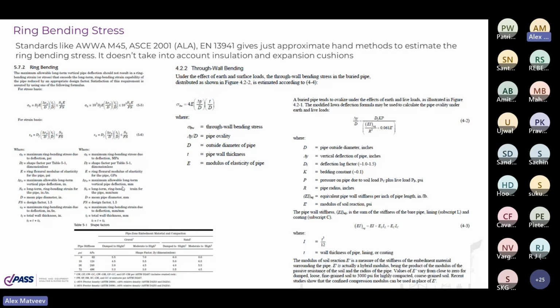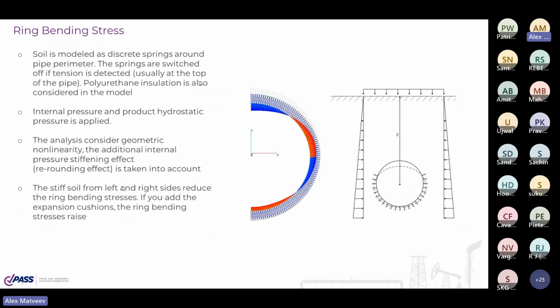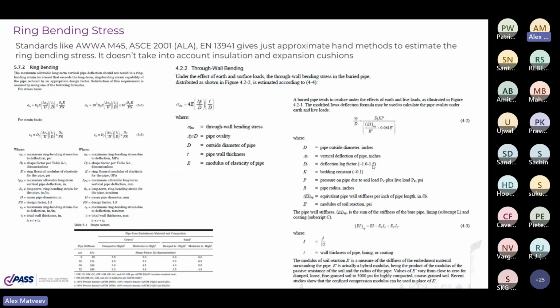It doesn't take into account the nonlinear effect when the upper soil doesn't have any resistance to the pipe deformations, because only this part of soil resists the piping deformations, but this one does not. Those equations also don't take this into account.